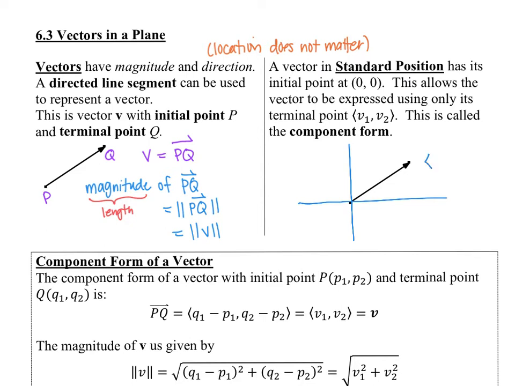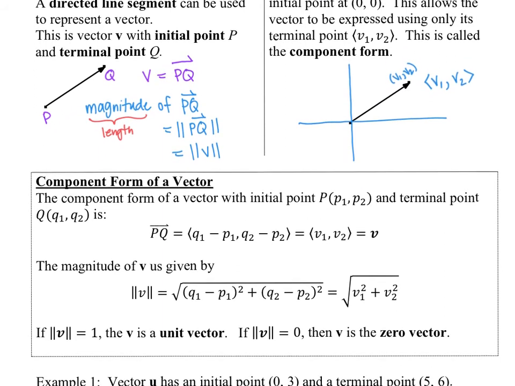So I can represent this as ⟨v1, v2⟩. In component form, we use those pointy brackets at the end. And the v1, v2 happens to match the terminal point because the initial point is 0, 0 at the origin. That's why standard position is so convenient, because those two always match.